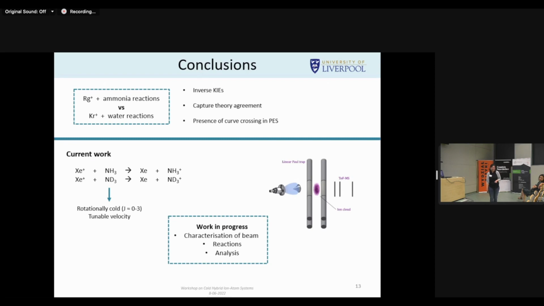Great talk. So all your experimental rates always seem to be smaller than the calculated Langevin rates, and the one where you said you have agreement, krypton with water, there it was an agreement with the average dipole orientation model, but not with what I would assume to be the more precise adiabatic capture model, which was still a factor of 2 higher. So do we have an explanation why the adiabatic capture model in this case also does not seem to work?